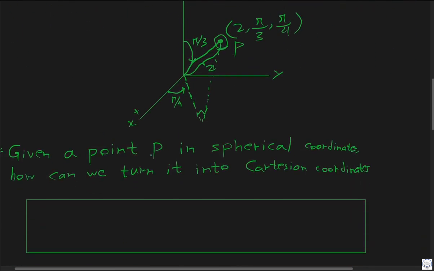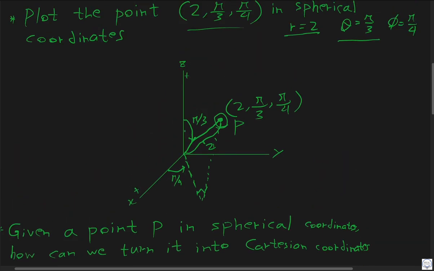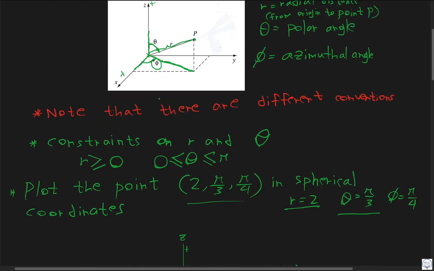So if we have a point P in spherical coordinates, how can we turn it into Cartesian coordinates? It's actually quite easy. We'll use this particular image. Here we have r, right?